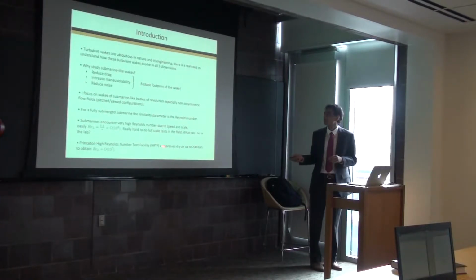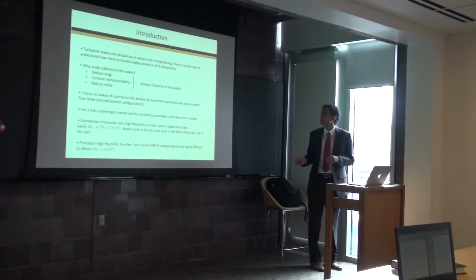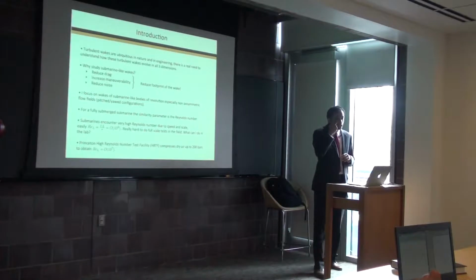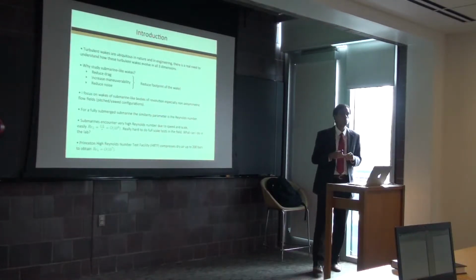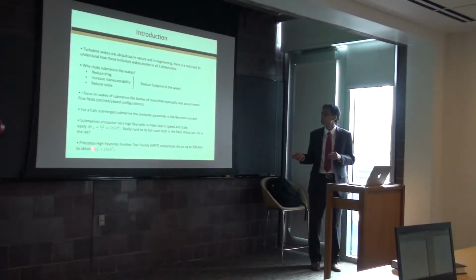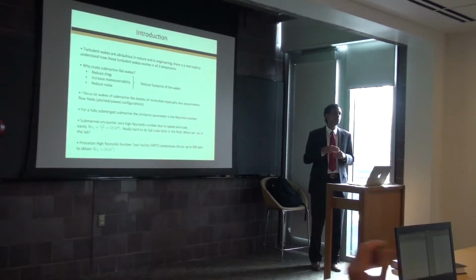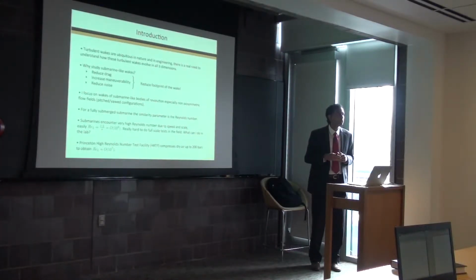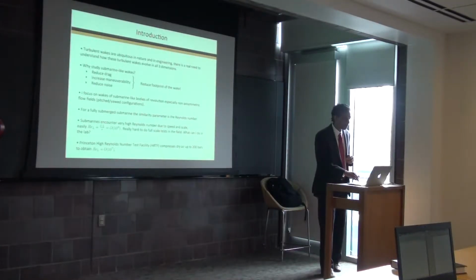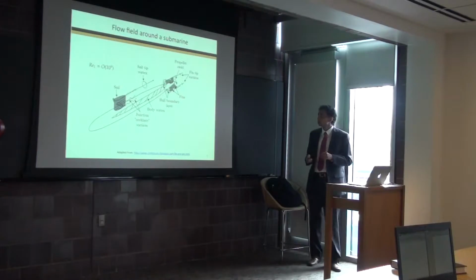And that will be the subject of the latter part of today's talk. It's of course difficult to do full-scale tests, and so what we can do is we can use a pressurized wind tunnel, which we have at Forrestal campus, that allows us to achieve Reynolds numbers about an order of magnitude higher than is achievable in conventional facilities. And I'll come back to that in a little bit.